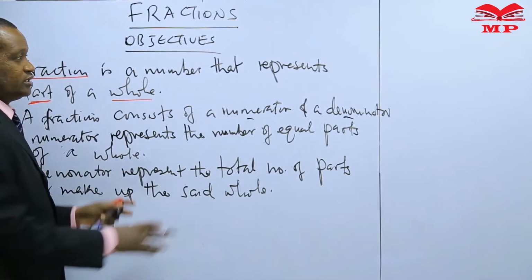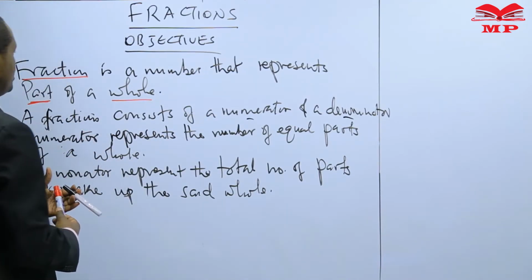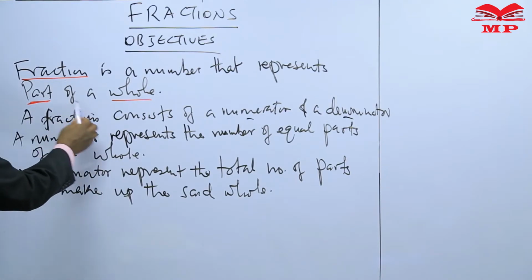All right, this is what we learned in standard 7 when we were looking at fractions. We said that a fraction is a number that represents part of a whole.